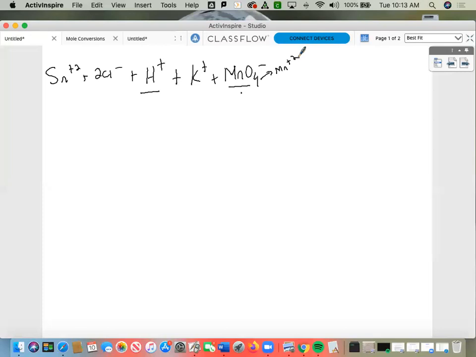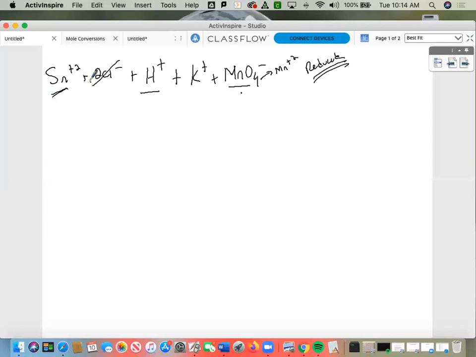So now I think to myself, what else is left? If this is the thing that is reduced, I have to have something that is oxidized. Now let's think. What do metals tend to do? Metals tend to lose electrons. That's oxidized.